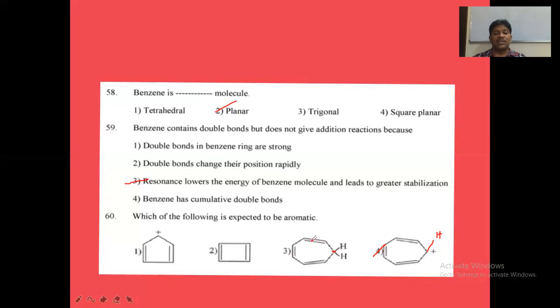It is following Huckel's rule: 6 pi electrons, 4n plus 2 equals 6, and n is an integer. But it is not following all the conditions of an aromatic compound. So we take the fourth option as the aromatic species. Is that clear? This is what is to be understood.